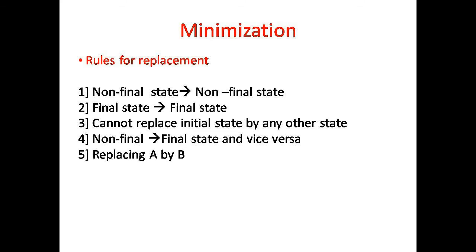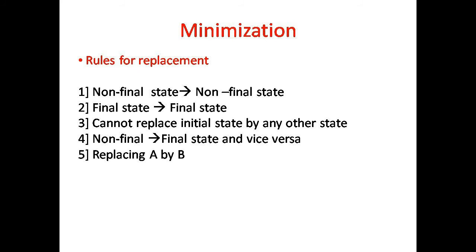In our example, the states RS and S both on input 0 go to state S and on input 1 go to state S. Therefore, these two states are equivalent. Similarly, the states PRS and PS, QRS and QS, PQRS and PQS are equivalent states.